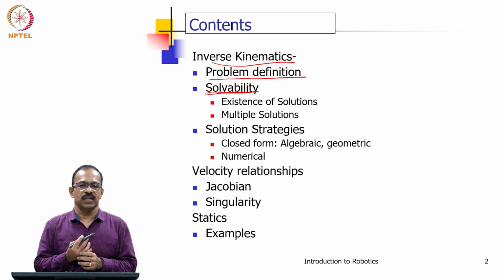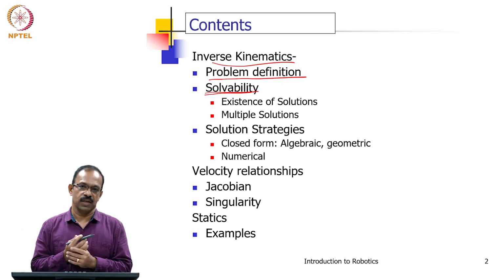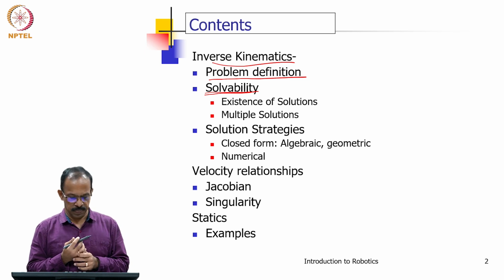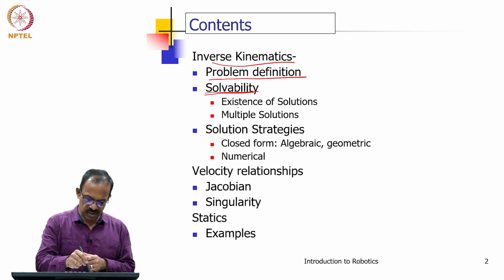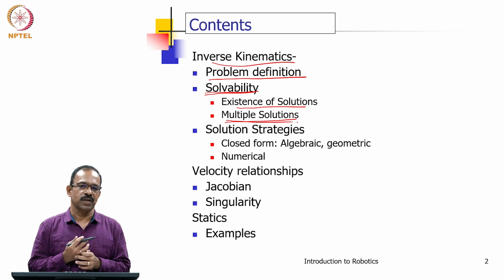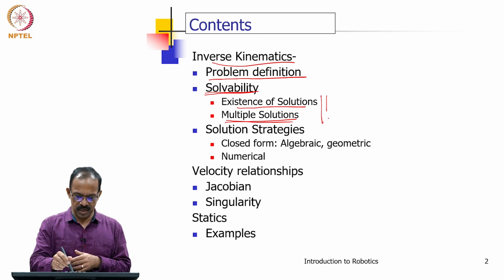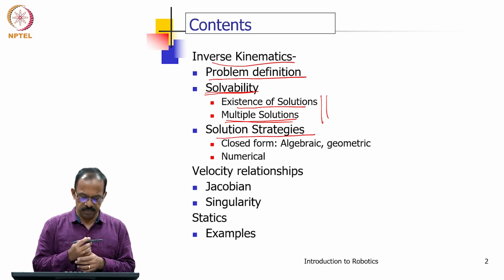It is not necessary that the inverse problem can always be solved. It can be solved under certain conditions only. So, we will see the existence of solutions and the problem of having multiple solutions. In some cases there will not be any solution, in some cases there will be multiple solutions. So, we need to see what that solvability is.